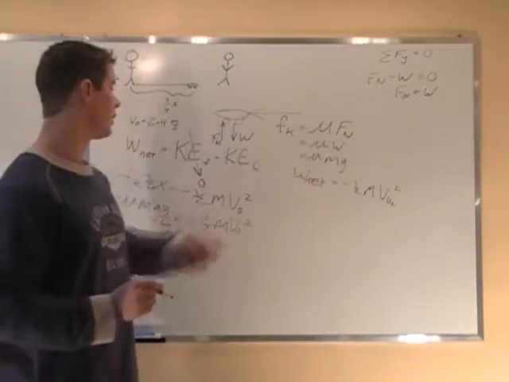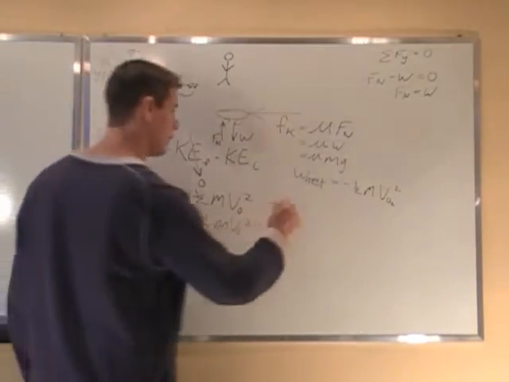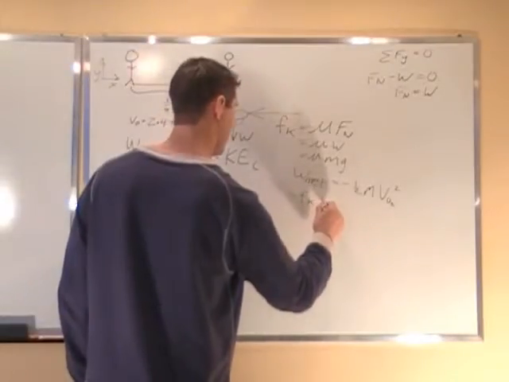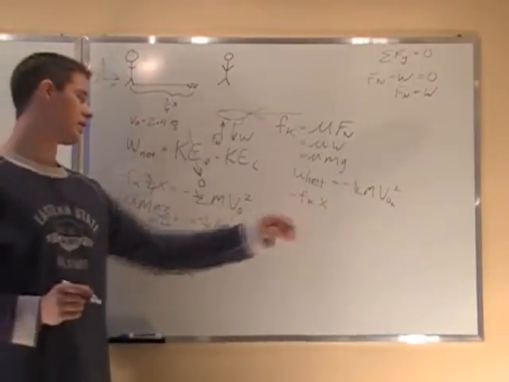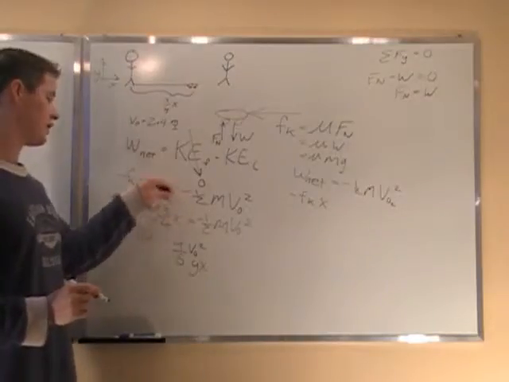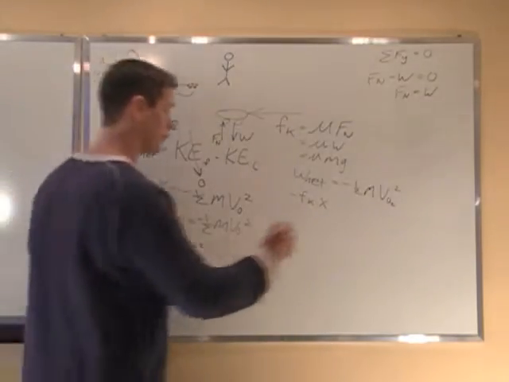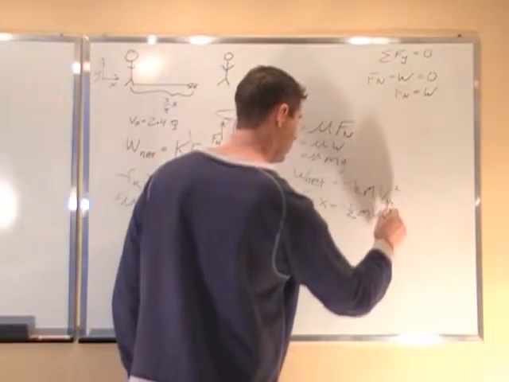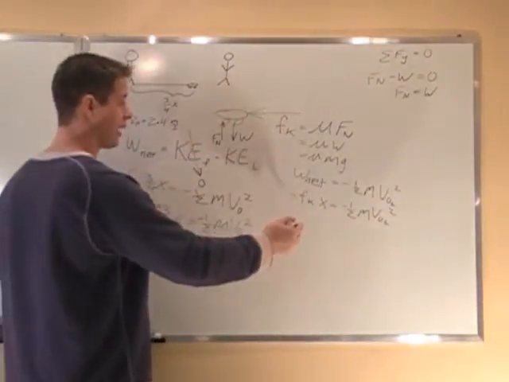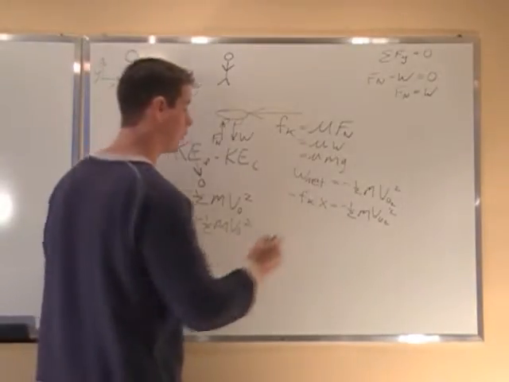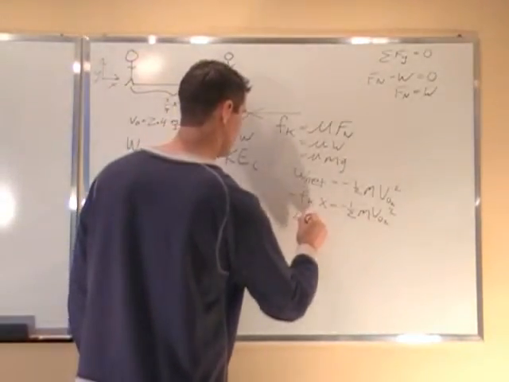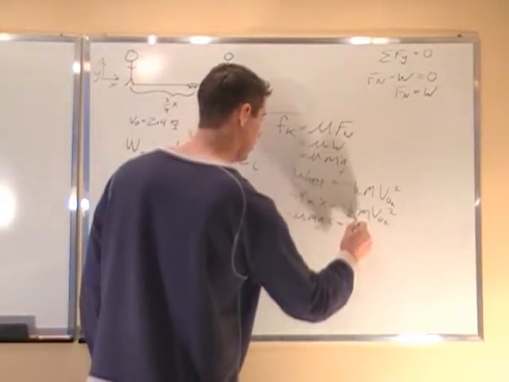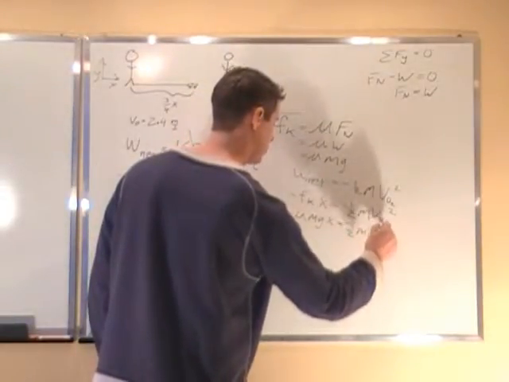And the work net is going to be different again. This time it's negative Fk x, force times distance, where this is the total distance now. And we know that Fk is mu mg, same thing. So we have negative mu mg x equals negative 1/2 m v naught 2 squared.